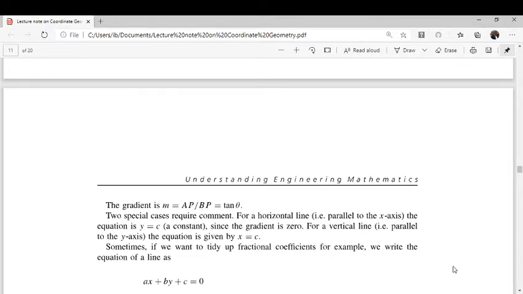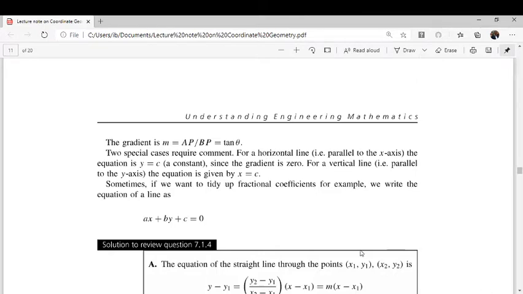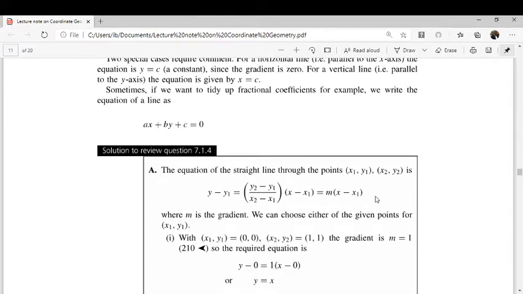So that's why we say the gradient is 0. On the vertical line, that's a vertical line parallel to the y-axis, we'll see there that s is equal to c. Now let's apply this, the coefficients on the equation of a line.